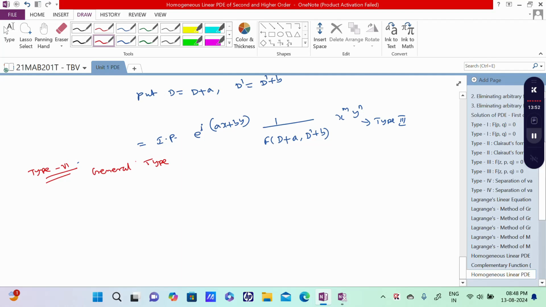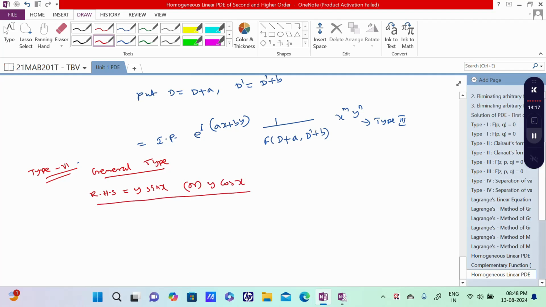Maybe we consider this function on the right hand side, the function y into sin x, which may be factorized into linear factors. So maybe this term y into sin x or y into cos x.